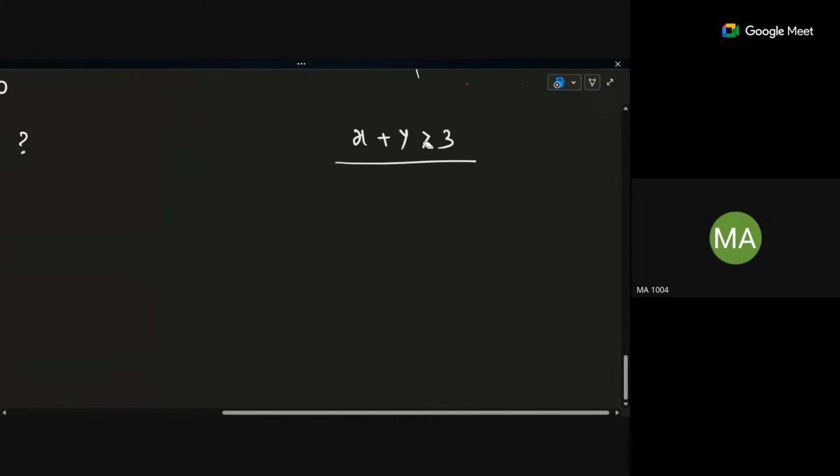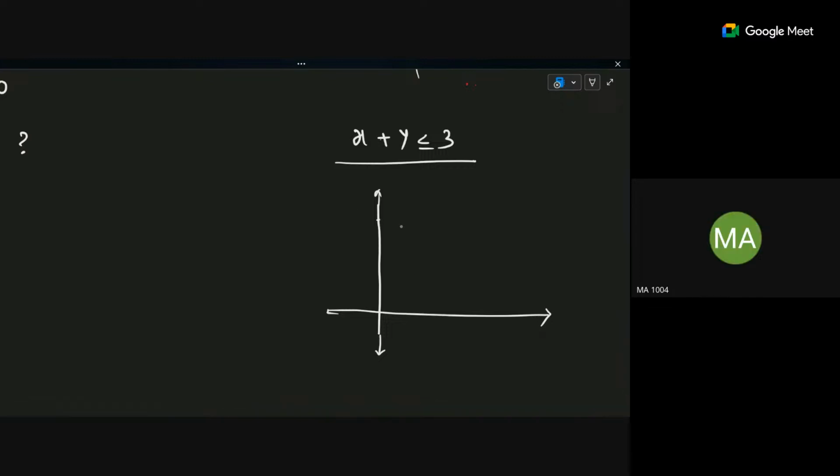Okay, just take it less or equal to 3. First, we draw the line, a graph of x plus y equal to 3. So it will be something like this one.